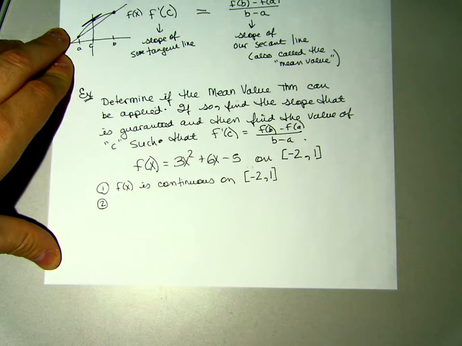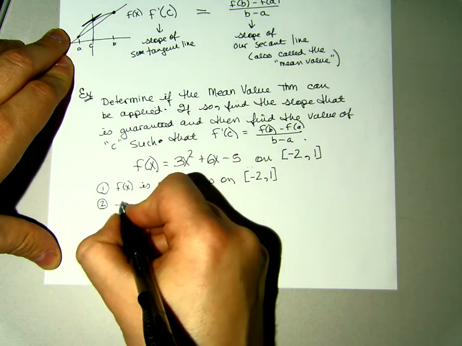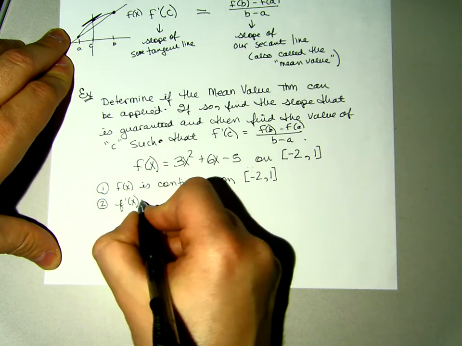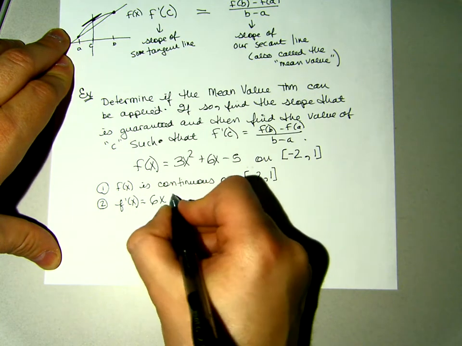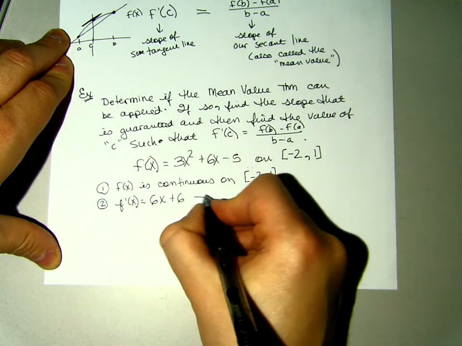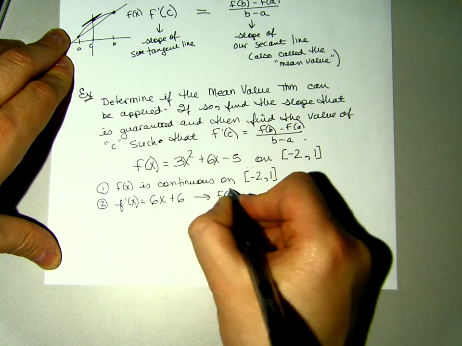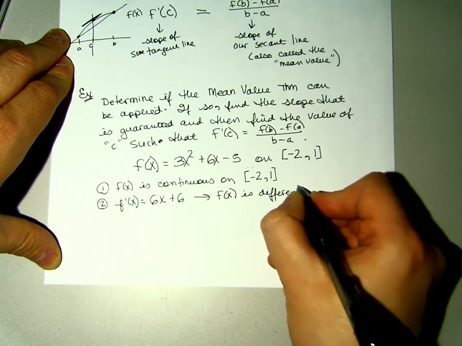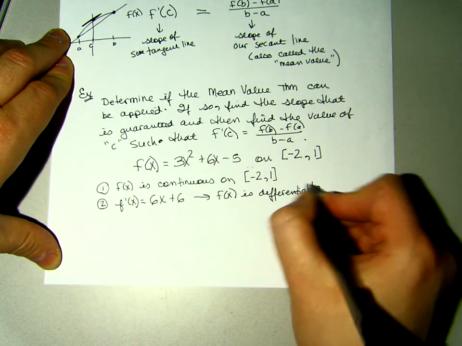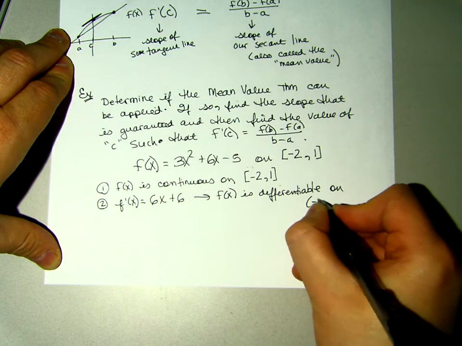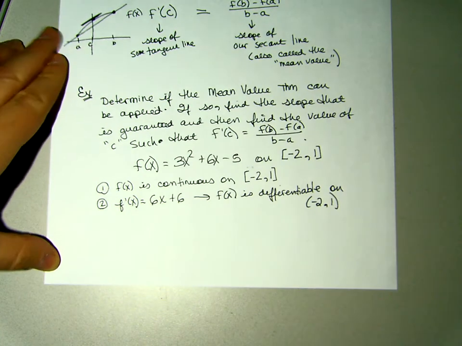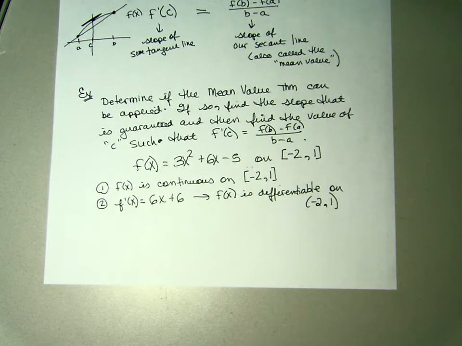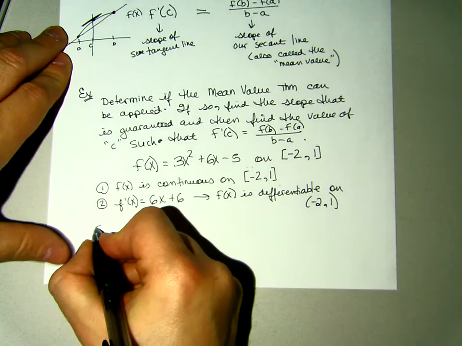Well, let's find the derivative and make sure the derivative is continuous. F prime of x, so this is an easy derivative, just 6x plus 6. Therefore, f of x is differentiable on the open interval between -2 and 1. So this mean value theorem applies.